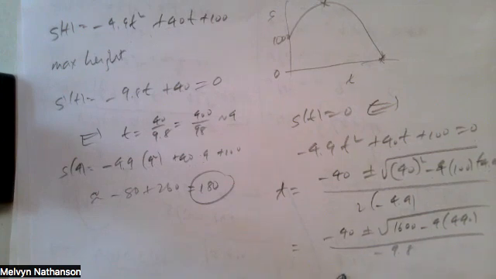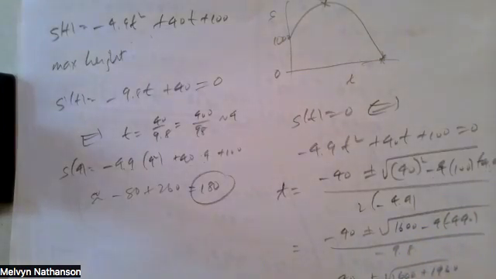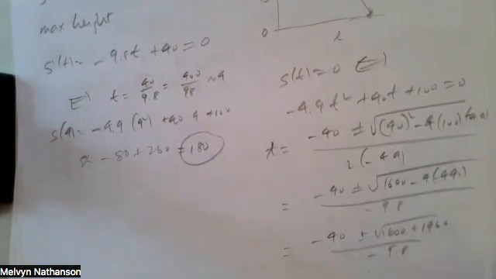So this is minus 40. 4 times 490 is what? 1960. Yes. So minus times minus is plus. So this is plus or minus the square root of 1600 plus 1960, over minus 9.8. If I take the minus signs, this gives me something positive, which is what it has to be.